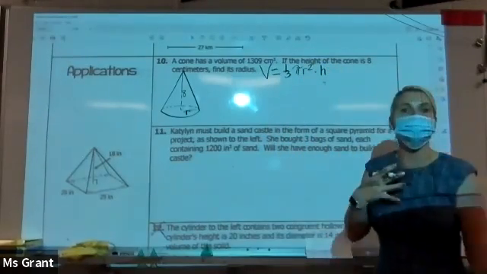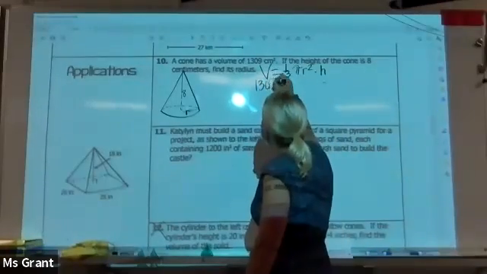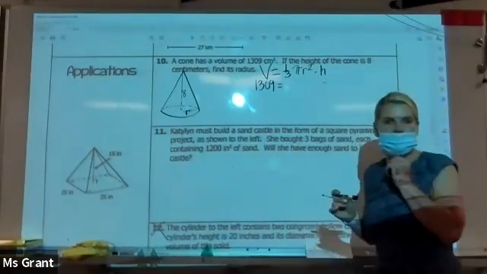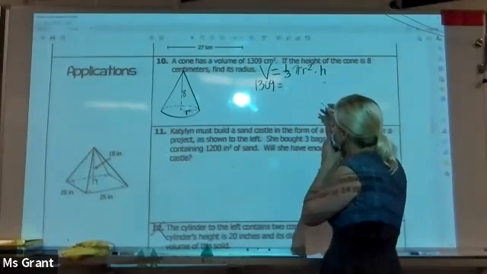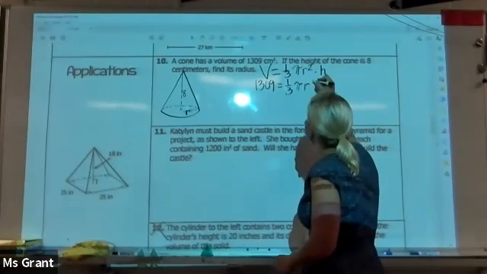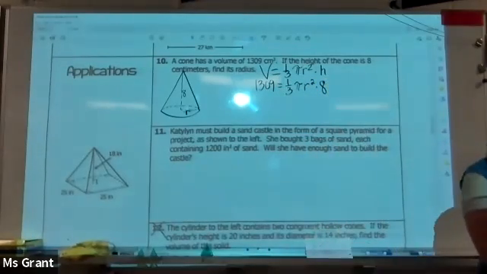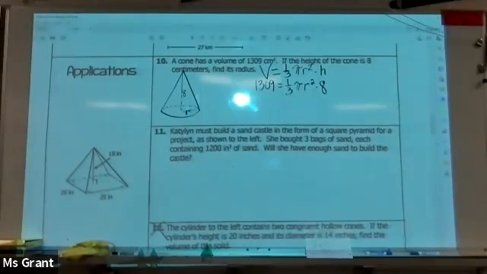But I was told the volume already. The volume is 1,309. So plug that in instead of V. 1/3 pi, I don't know r squared, but I know height is 8. So there's my formula. I knew volume, I don't know radius.